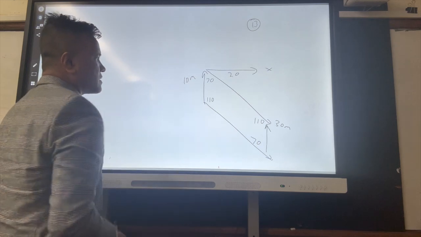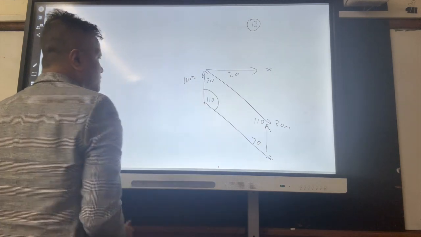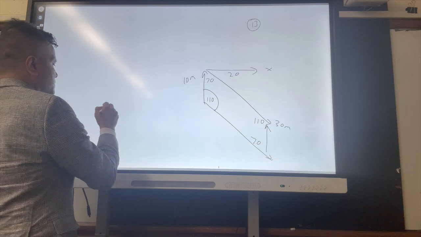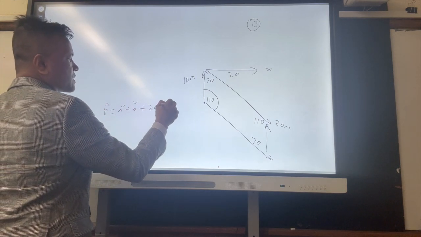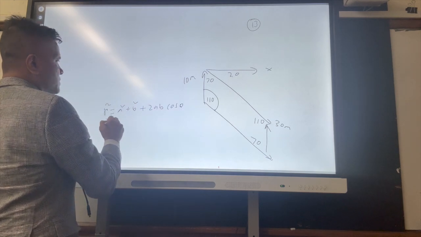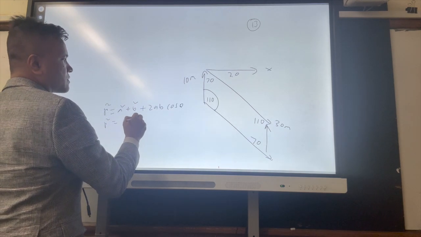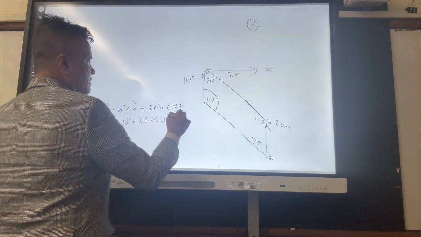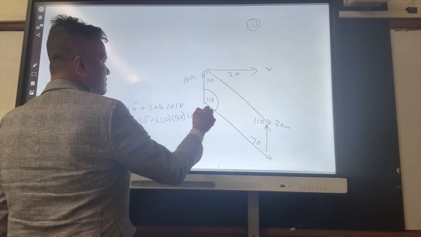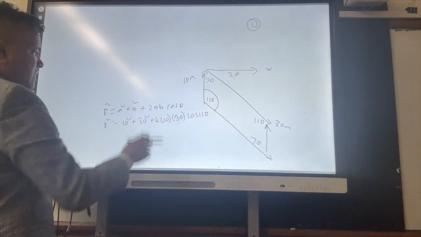Good. Now this is called the angle between two vectors. If you use that, then it has to be a squared plus b squared plus 2ab cosine theta. So r squared is equal to 10 squared plus 30 squared plus 2 times 10 times 30 cosine 110, because that's the angle between two vectors.